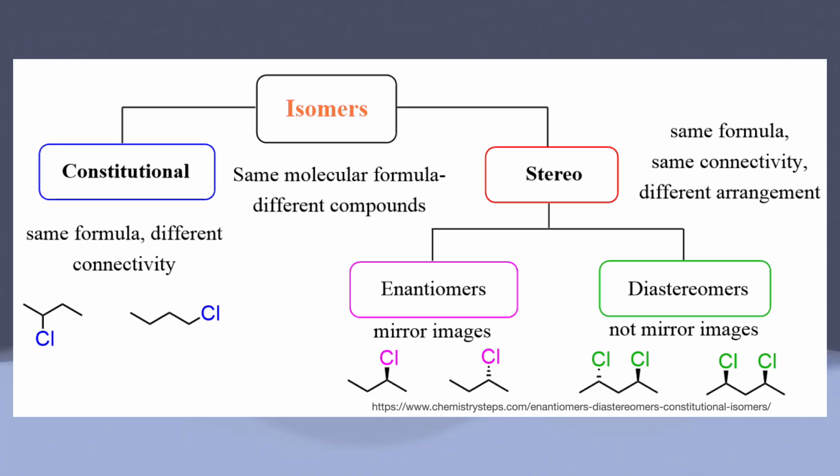So with this, again, we will be focusing on constitutional isomers at this juncture in class, and using degrees of unsaturation to help us draw as many structures as possible.